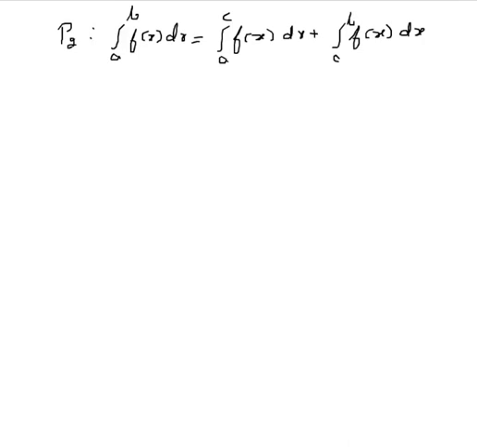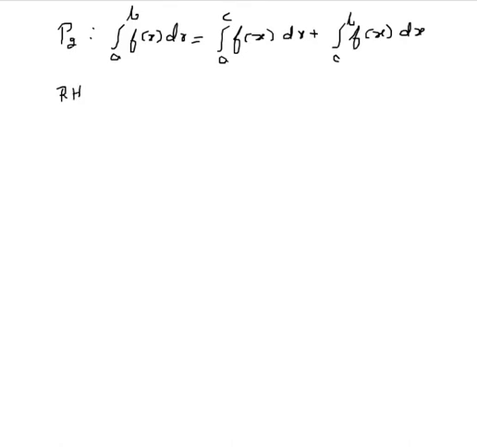Third property, integral a to b f of x dx is equal to integral a to c f of x dx plus integral c to b f of x dx. This also can be proved using second fundamental theorem of calculus.